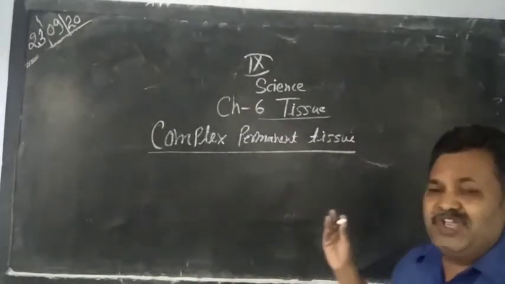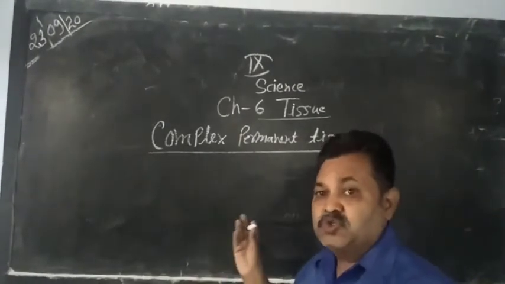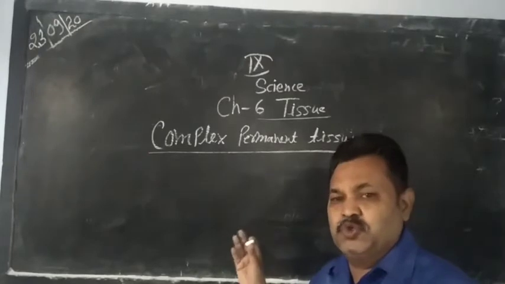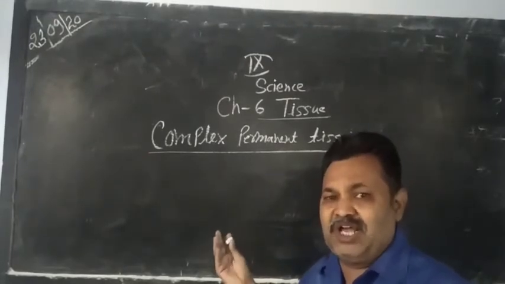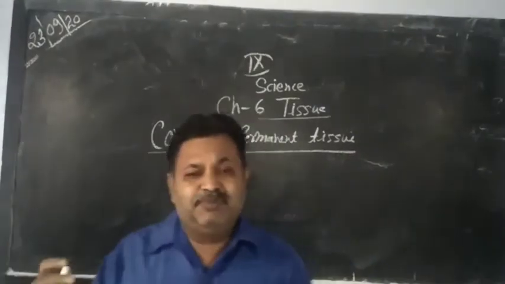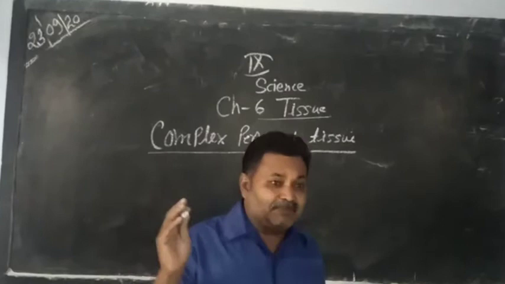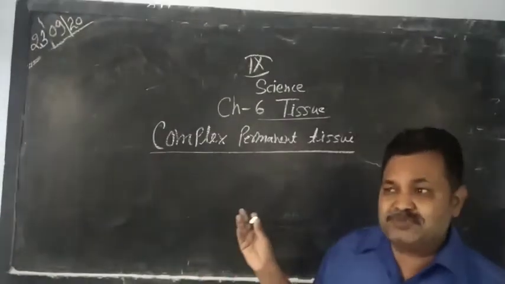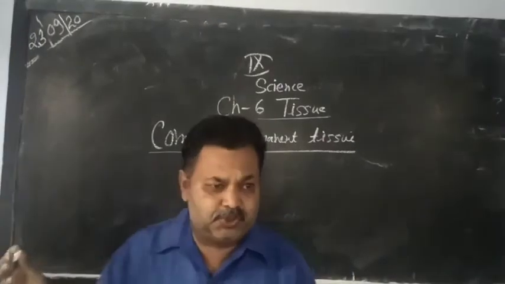Now we have discussed complex tissues. When the growth of meristematic tissues is stopped, then it becomes converted into the permanent tissues. And permanent tissues are of two types: simple permanent tissues and complex permanent tissues.